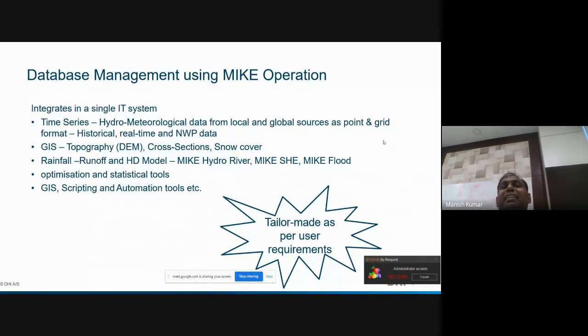All this capability is incorporated into this MIKE Operations system. So for time series, you have all the data acquisition system data. GIS, you can process DEM, cross sections, snow cover. You have all the modeling tools incorporated inside MIKE Operations, and then you have scripting and automation tools for real-time management.